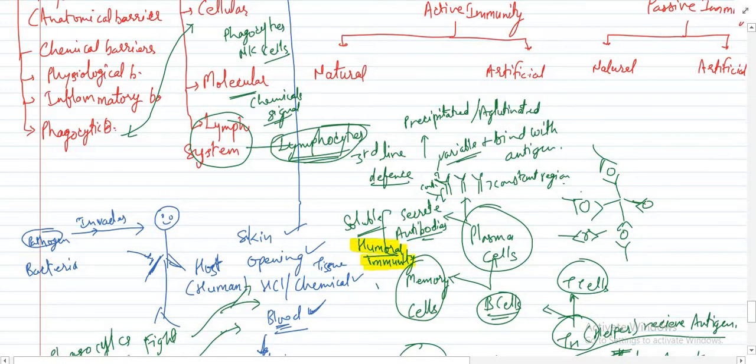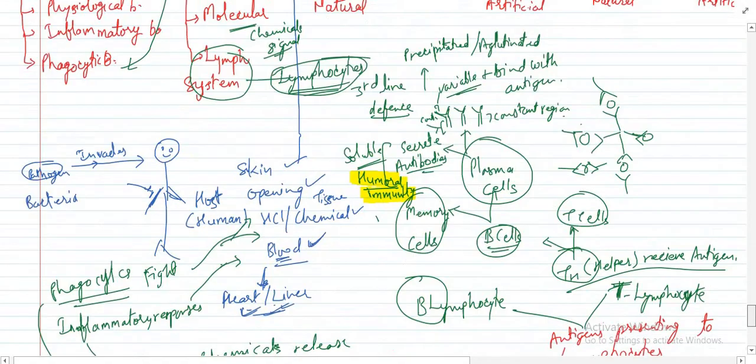So this is the humoral immunity, and the second part is where T cells are. Now we are coming to the second part, that is the T cells.